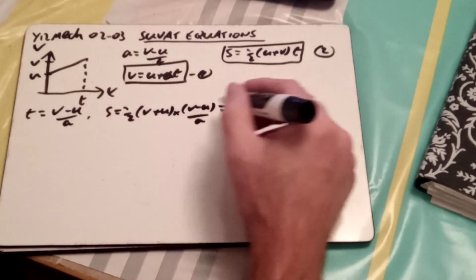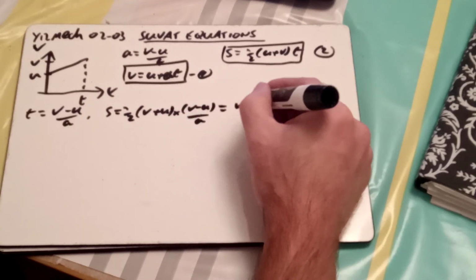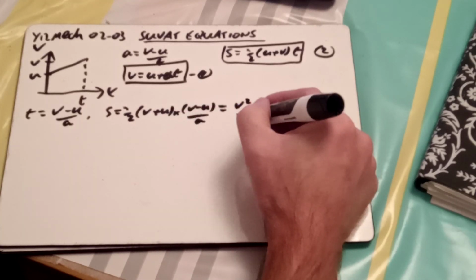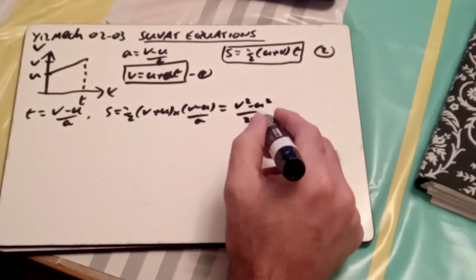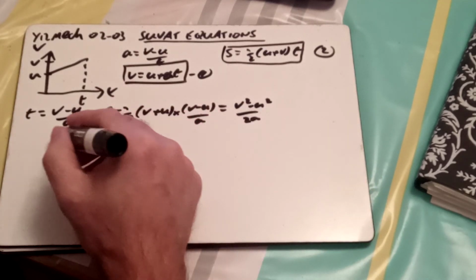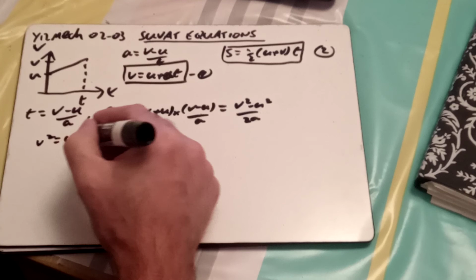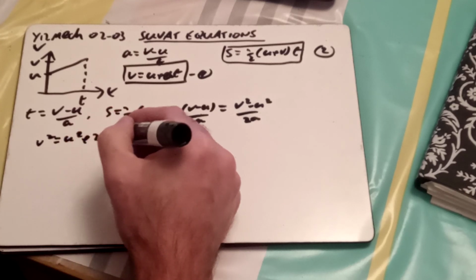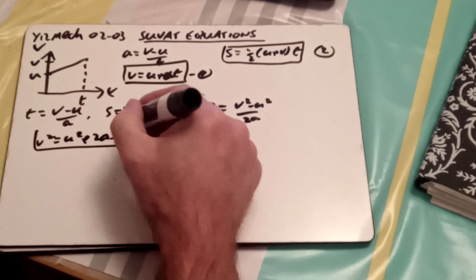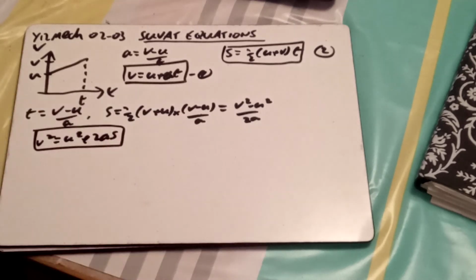So I get 2 brackets, v plus u times v minus u, which is v squared minus u squared, over 2a. And when I times by the 2a and move the u squared across, v squared equals u squared plus 2as. That's the one without t, eliminated t.